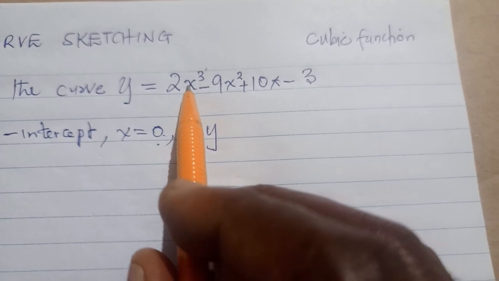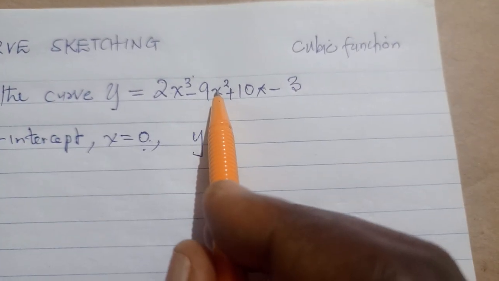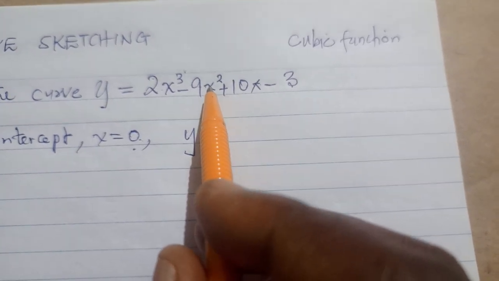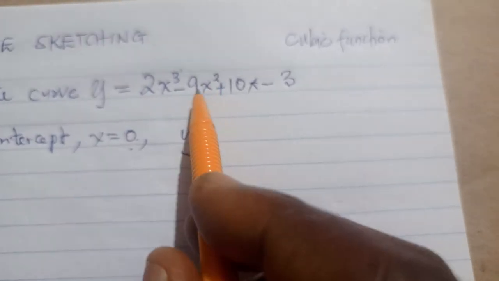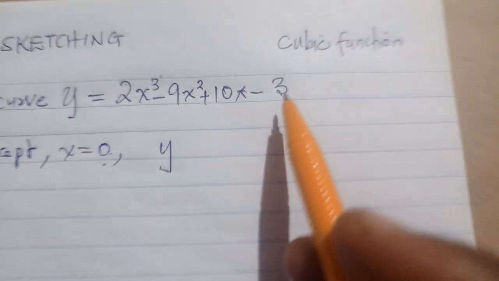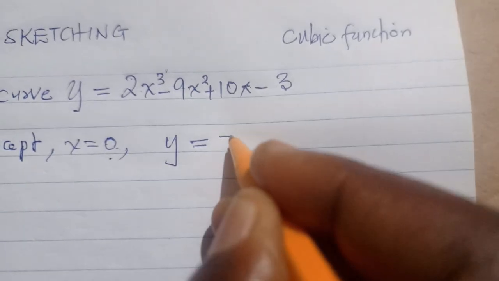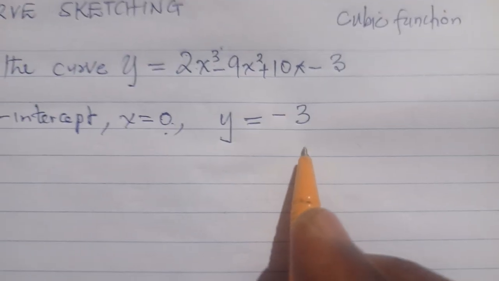So that's 2 times 0, which is 0. Then we have 9x squared. Substitute 0 in place of x. You'll have 9 times 0, which is 0. Then 10 times 0, so 0. So we remain with negative 3. So this is the y-intercept.